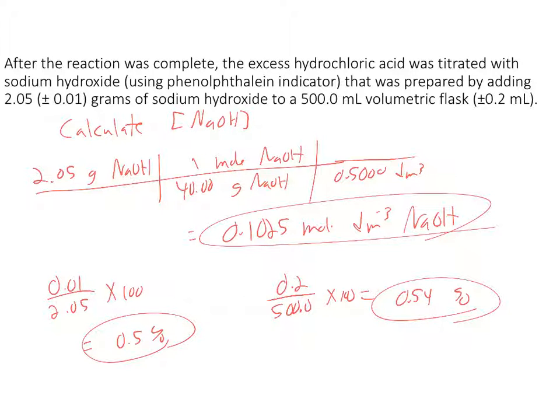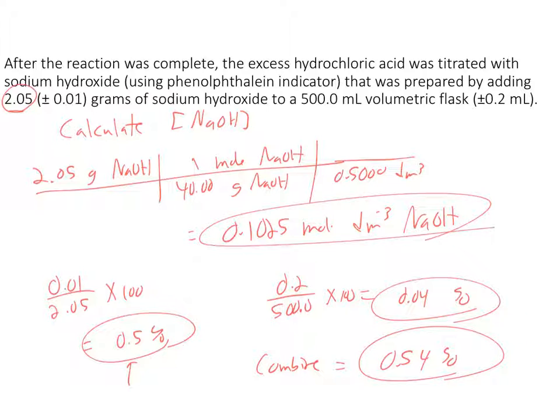Sorry, my apologies, I was thinking about the total. If you combine these values, you get an answer of 0.54% total. So that's our uncertainty. The biggest uncertainty so far has been the mass because 2.05 is a relatively small number.